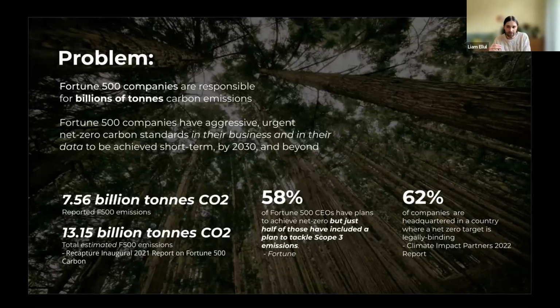And through a lot of treaties such as the Paris Agreement and international law, 62% of the Fortune 500 companies are headquartered in a country where net zero targets are actually legally binding.